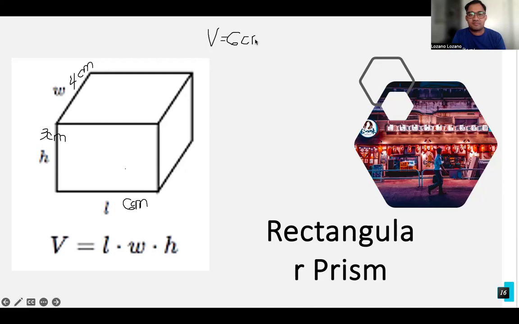Okay. How about the width? Multiply by 4 centimeters. Then we multiply again. What's our height? That is 3 centimeters.